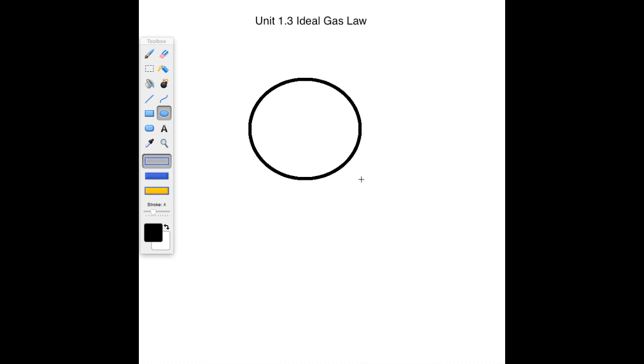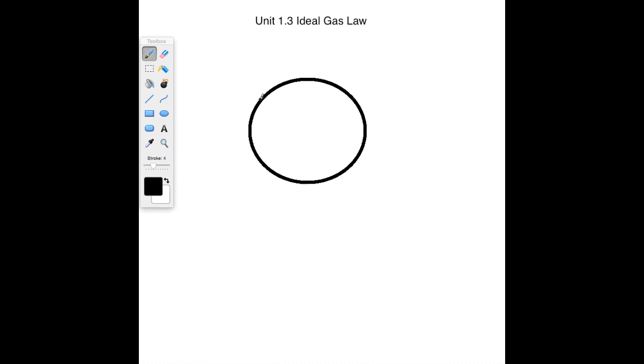The easiest thing I think to think about is if you were to fill up a balloon full of gas, you would have the little gas molecules, or particles, whatever you want to call them, throughout in here.